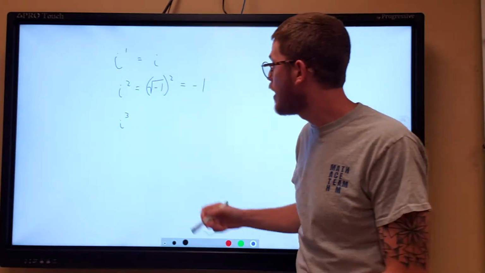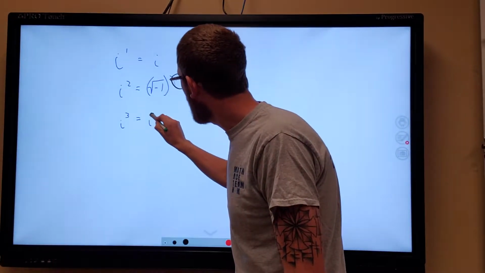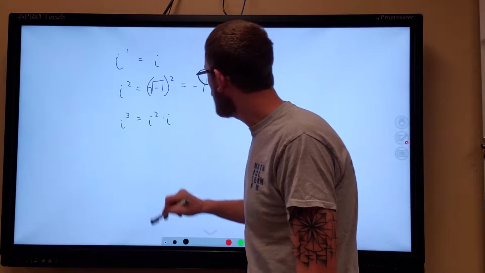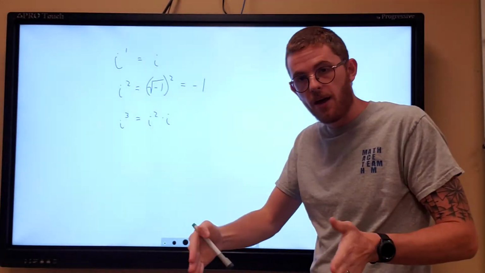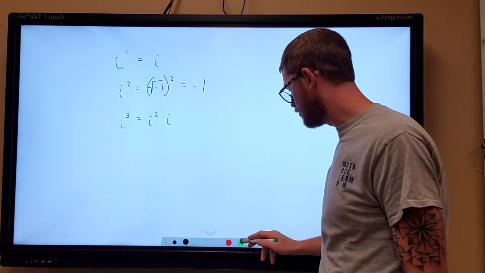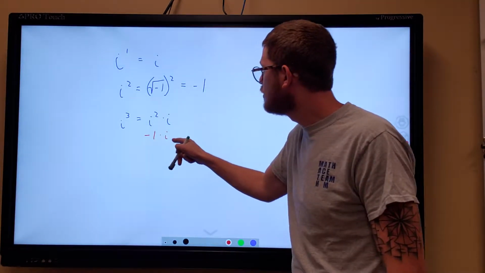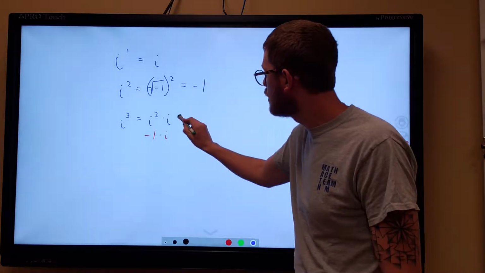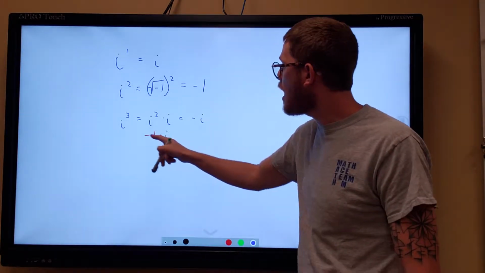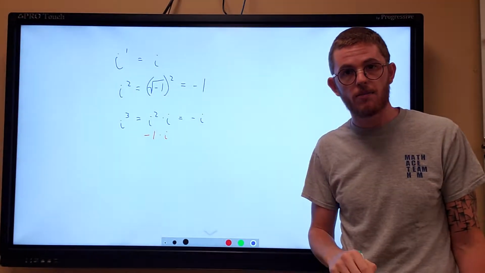I to the third power, well, this would be I squared times I. Breaking that down, two things we do understand. I squared is -1, so this is -1 times I. I cubed is -I.